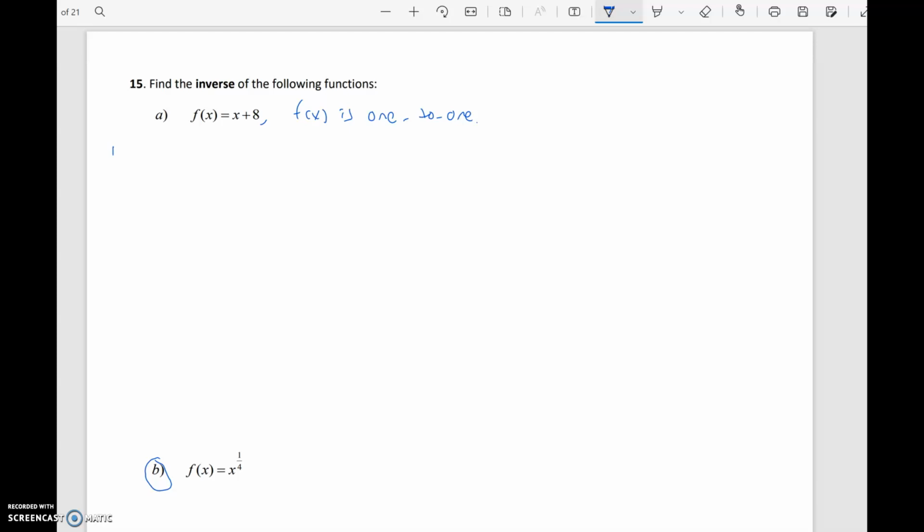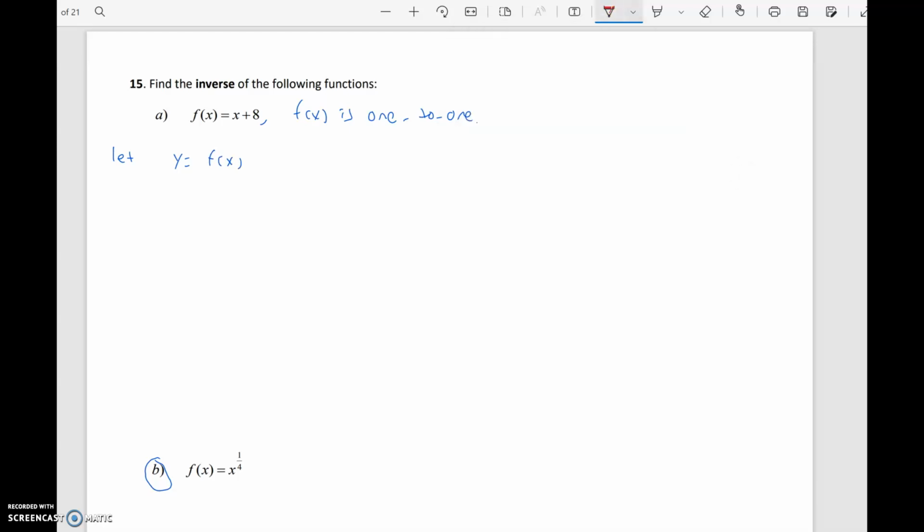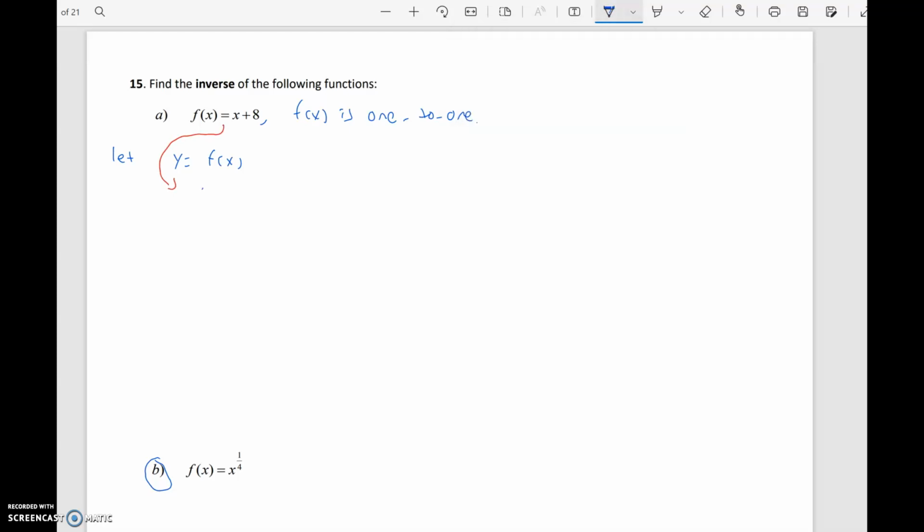Now, on all of these, you're going to start by letting y equal to the values of f of x. And what this is going to do is take us back to the original substitution of y is equal to x plus 8.